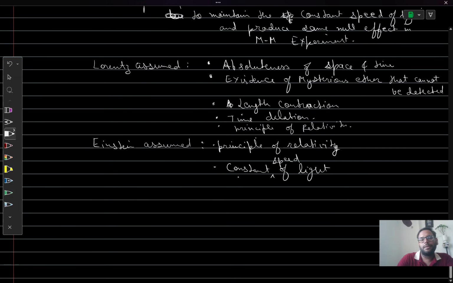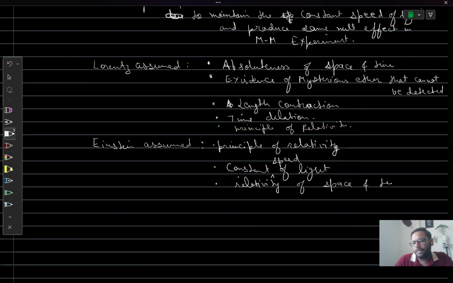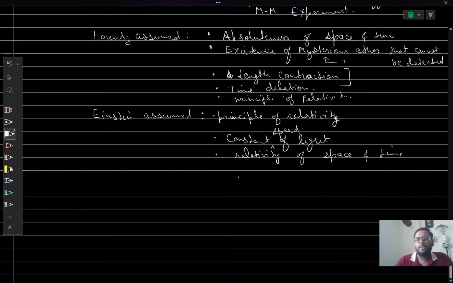And you can say he assumed the relativity of space and time. He assumed that space and time are relative. But these two things, plus the ether, he did not assume. These are the extra things that Lorentz assumed.